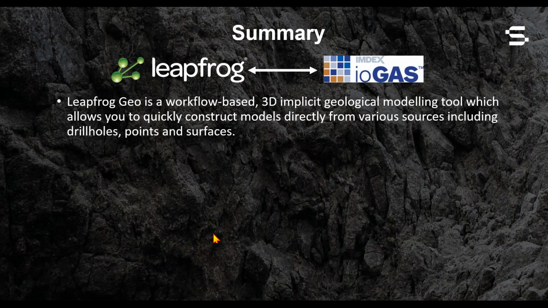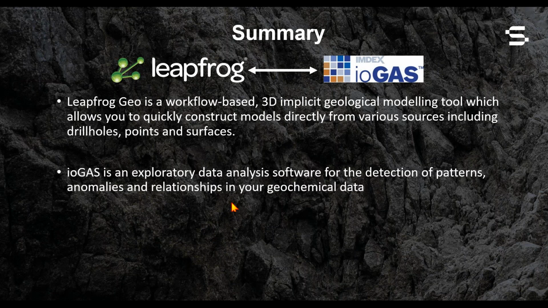So Leapfrog Geo is a workflow-based 3D implicit geological modeling tool, which allows you to quickly construct models directly from various sources, including drill holes, points, and surfaces. ioGAS is an exploratory data analysis software for the detection of patterns, anomalies, and relationships in your geochemical data.